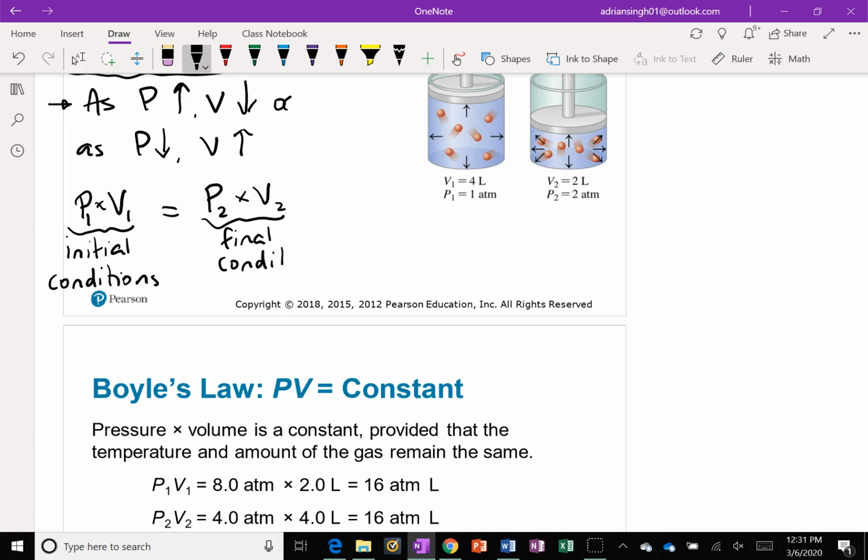So those are our final conditions. That's mathematically how this relationship can be expressed.